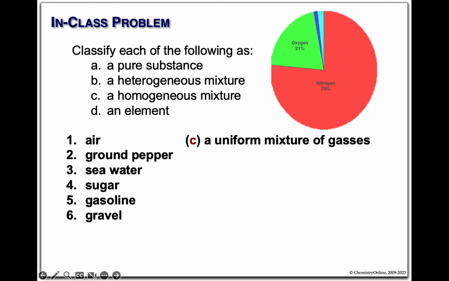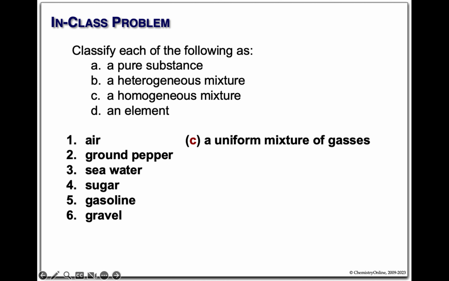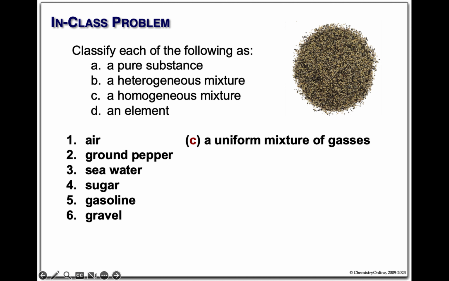Ground pepper. If you wanted to, you could put this under a microscope and you could, with little teeny tiny tweezers, separate these into gray, white, black pieces, couldn't you? Sample size, if we took a sample here, it would be mostly tan.